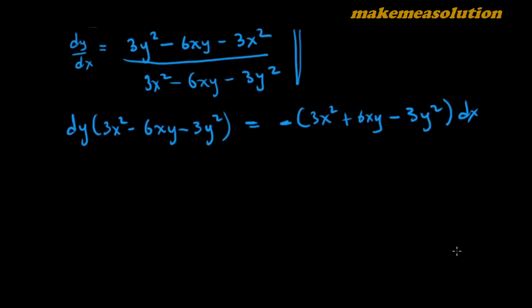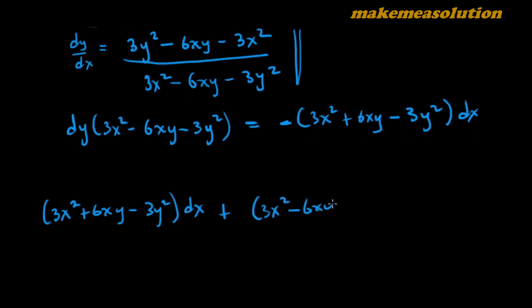So if you rearrange this equation, bringing the dx terms to the left hand side, you get (3x squared plus 6xy minus 3y squared) dx plus (3x squared minus 6xy minus 3y squared) dy equal to 0.